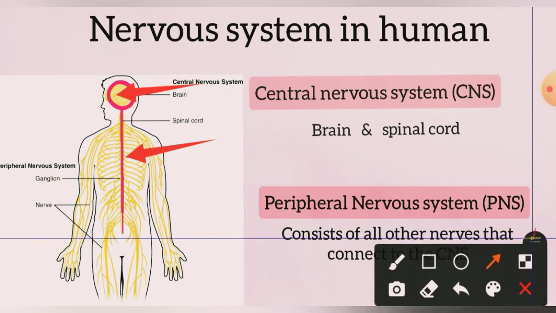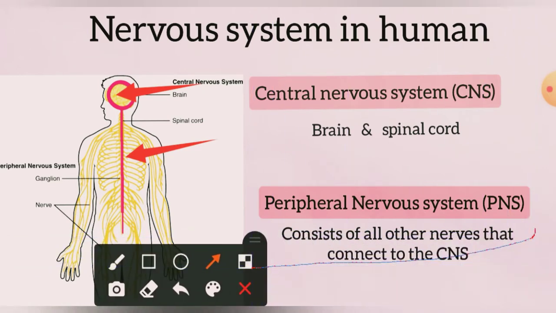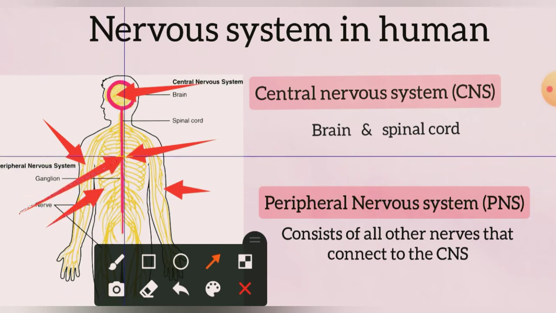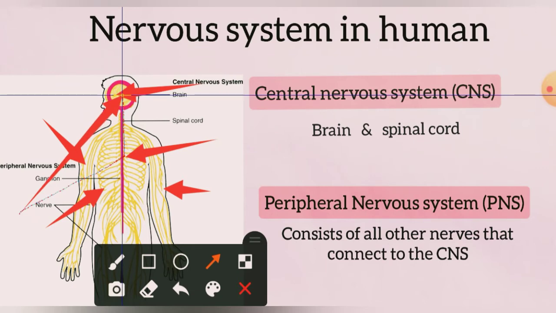And the peripheral nervous system comprises all other nerves, like these nerves, and these nerves, which connect the different parts of the body, either to the spinal cord or to the brain, which is the central nervous system. So the peripheral nervous system connects the different parts of the body to the central nervous system.